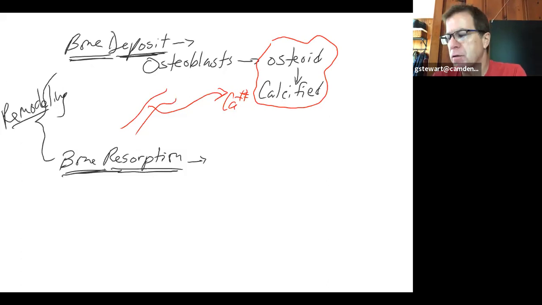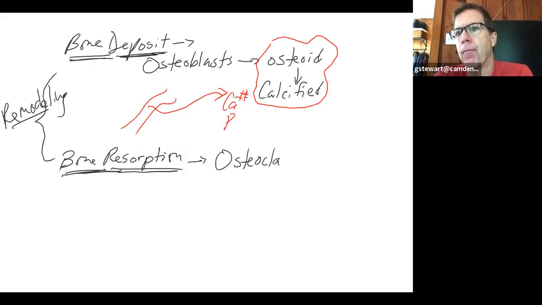So we need a local supply of calcium and phosphate in the endosteal cavity of the bone, meaning somewhere inside of the bone itself. So that's bone deposit. Now, bone resorption is carried out predominantly by osteoclast activity, which are derived from macrophages, not from osteogenic cells.